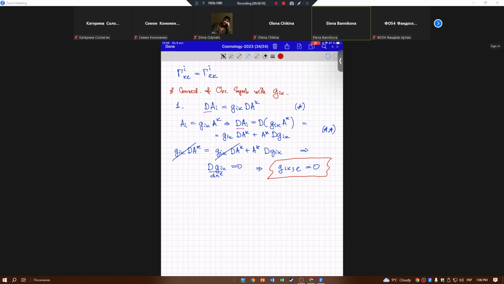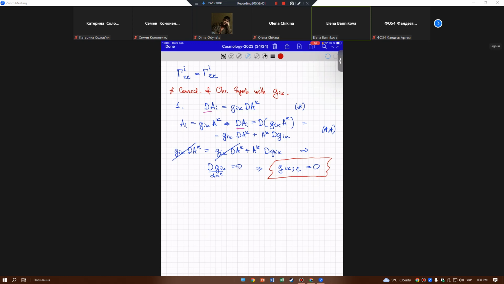And it's very important because it means that, if we have some expression, we can put the metric tensor inside of the operation of derivative. Now let's find the expression for the Christoffel symbol through the metric tensor. We can use exactly this result.